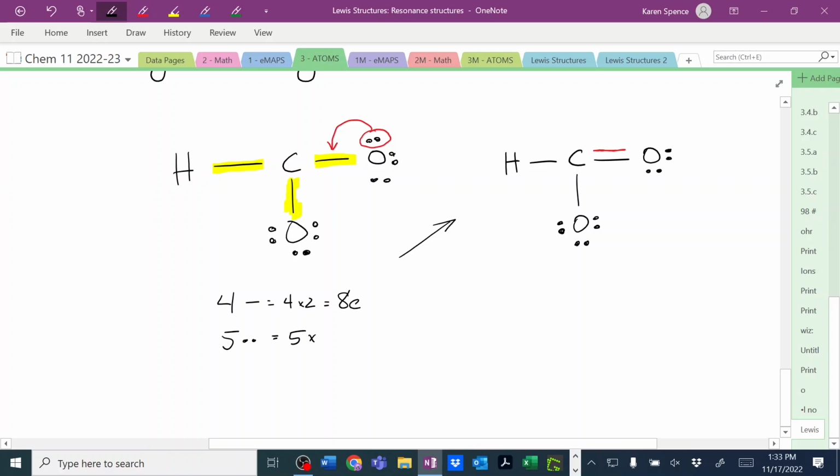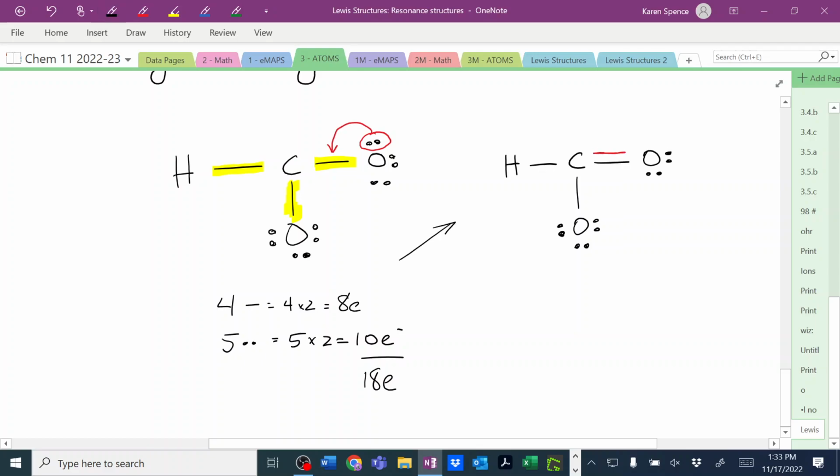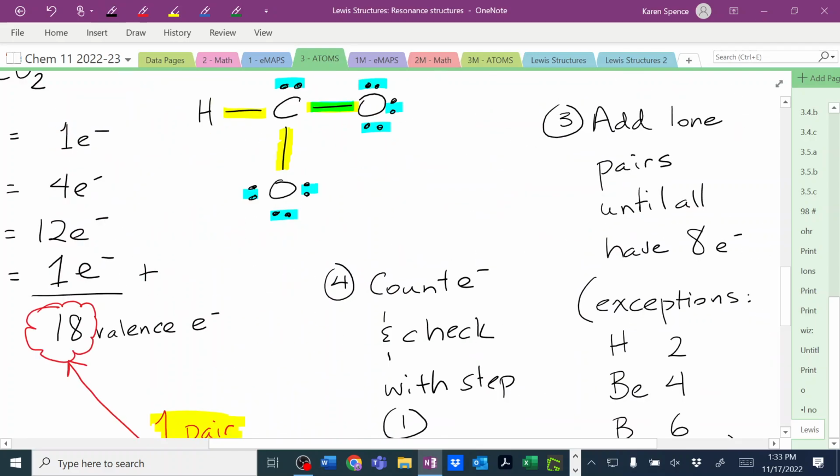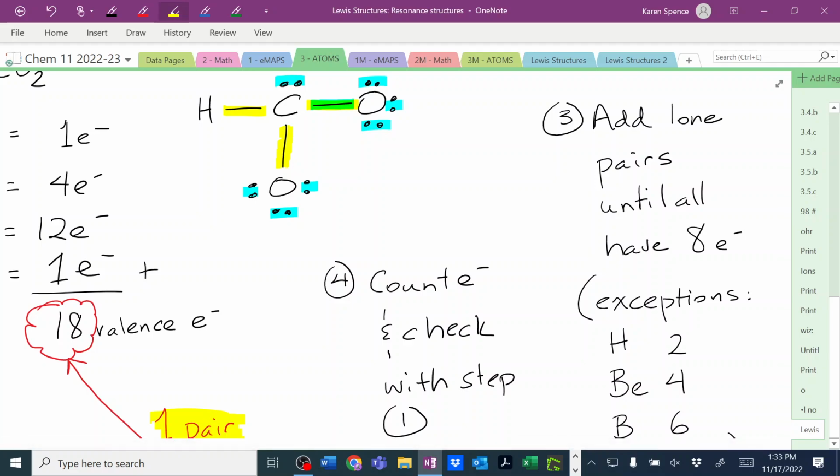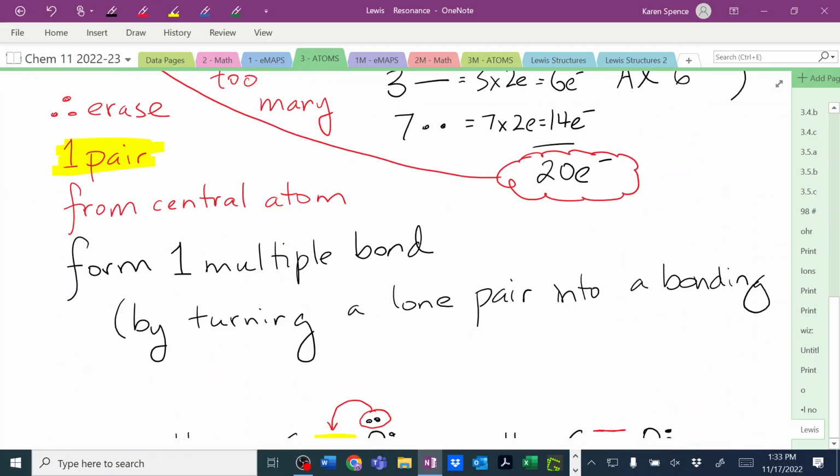So that's 5 times 2 is 10 electrons. Oh, that looks much better. Now I have 18, which if I go back to step 1, what did I have in step 1? I had 18. Okay, so that's how many I wanted.